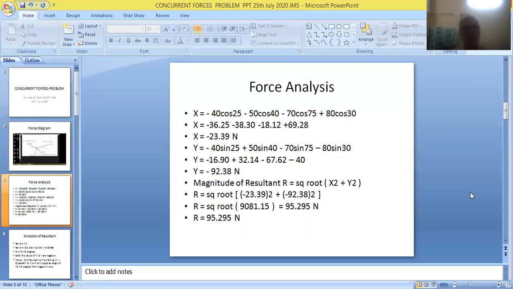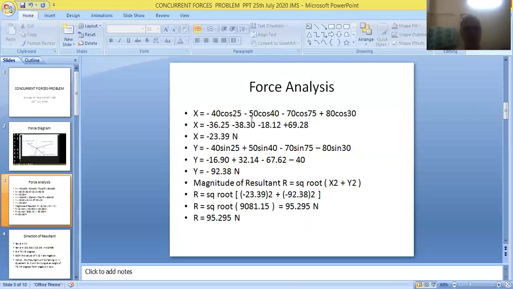So friends, we have talked about all the things in the previous slide. Now here we have to measure the value of sigma x. So this is acting in reverse direction.